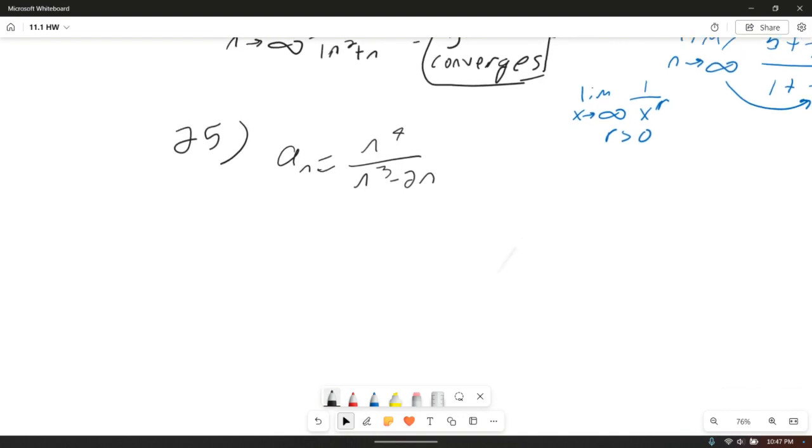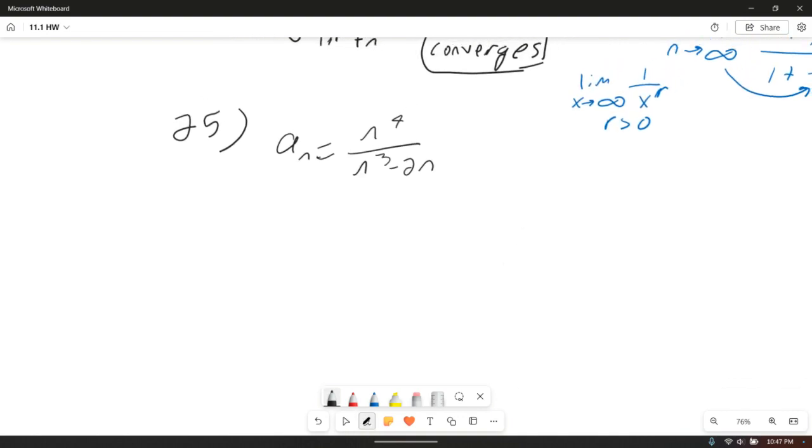Right off the bat, by looking at horizontal asymptote rules, looking at the highest degrees, since this is x to the n over x to the m, if n is greater than m, then there is no horizontal asymptote. So there's nothing for this to converge to.